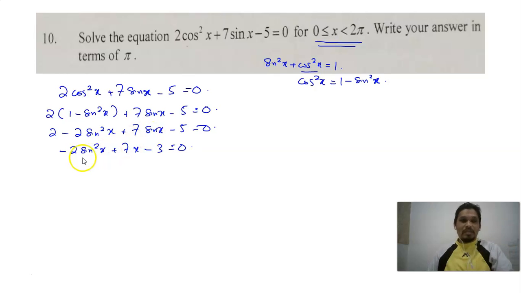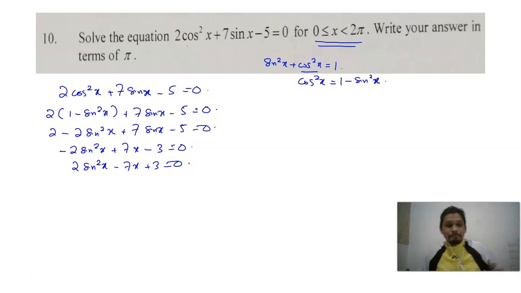You may just leave it like this, or you may also multiply by negative 1 and get 2 sine squared x minus 7 sine x plus 3 equals 0. Either one is still the same.